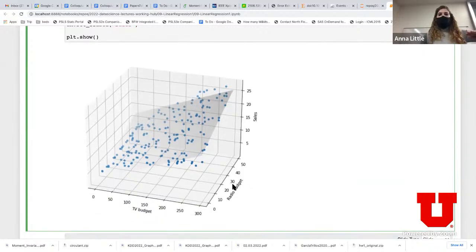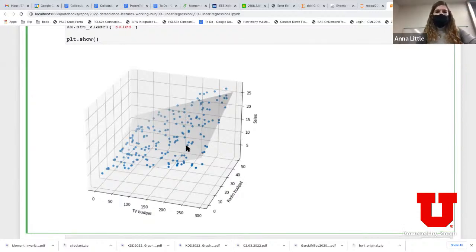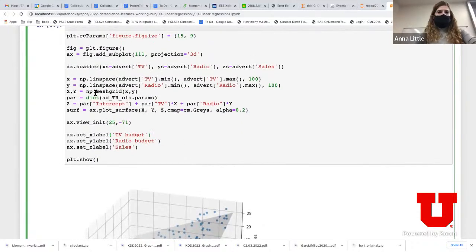And we have two explanatory variables, which are TV budget and radio budget. So think of this as like a plane, right? This is like a little surface here. And you can plot that with a surface plot with a plot surface function.